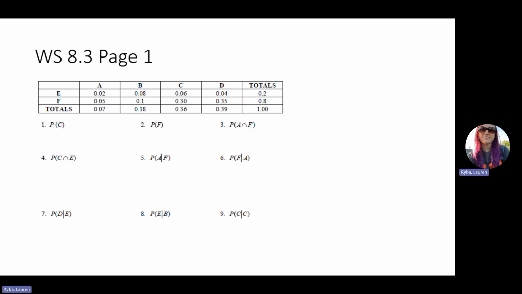If we want to find the probability of the value C, all I have to do is find C. C is a column, and the total for C is 0.36.